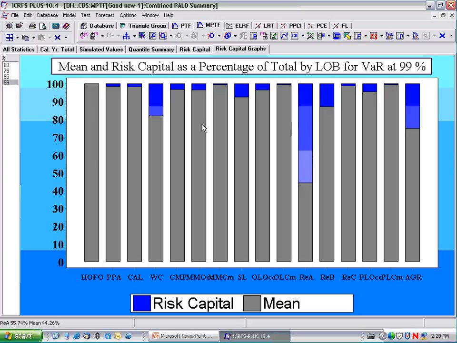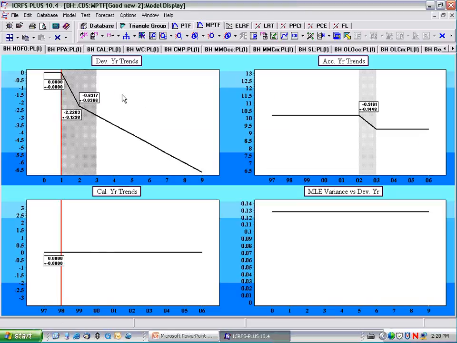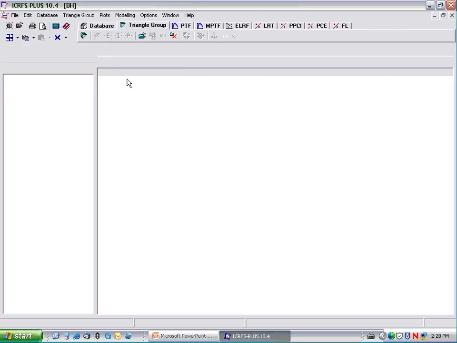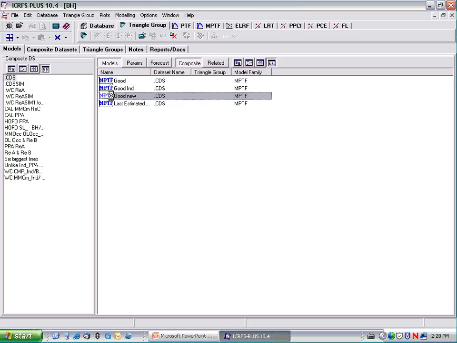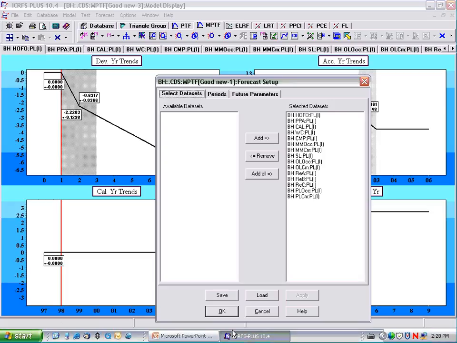What I'm going to do is actually run the model again. So I'm going to run it again. So I've got 3 versions of it. Then I'm going to do the forecast for each. I've got a load.